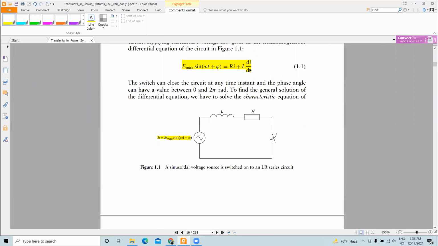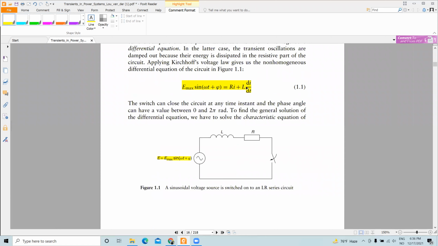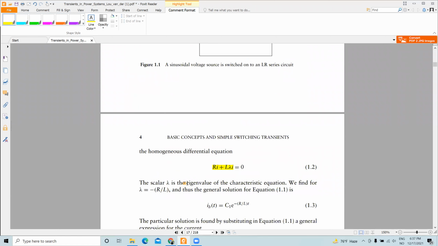If you consider the right hand part as 0, where lambda is basically what comes from di dt, then lambda is the eigenvalue, and if you solve the equation, you get lambda equals minus r by L, and the general solution of this form is C1 e to the power minus lambda t.